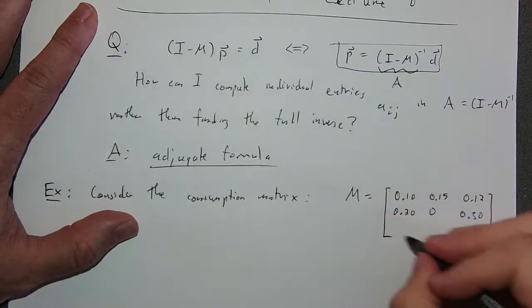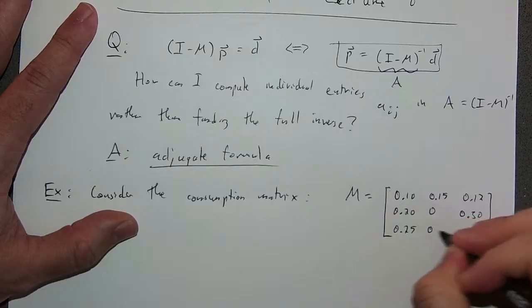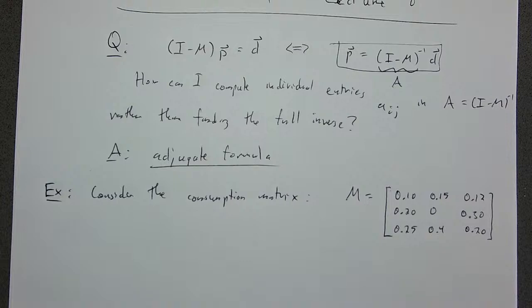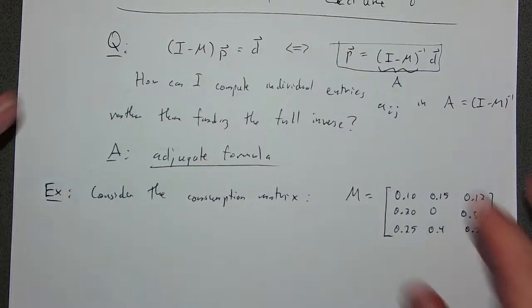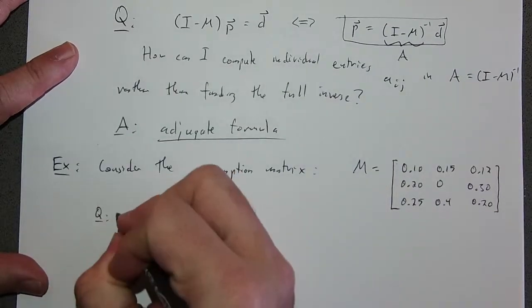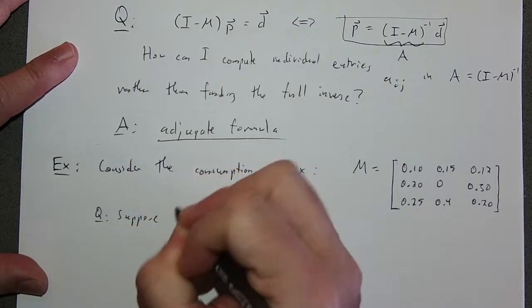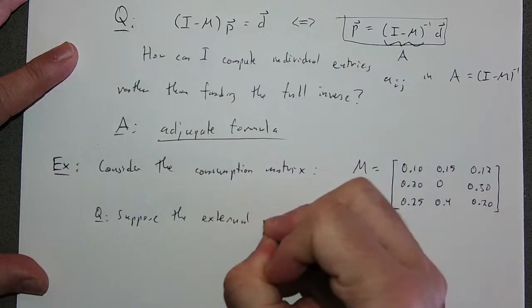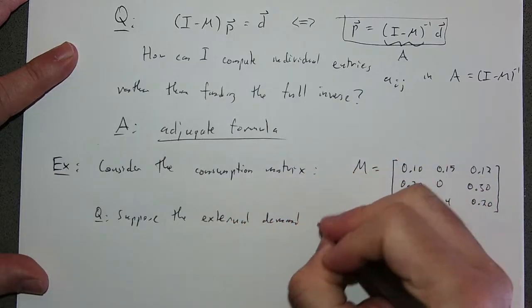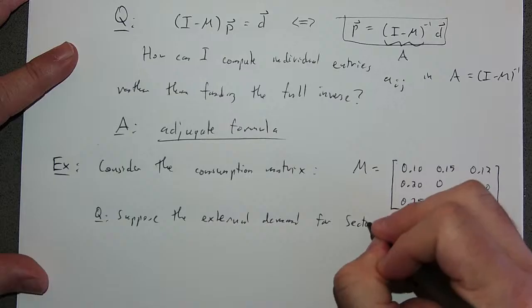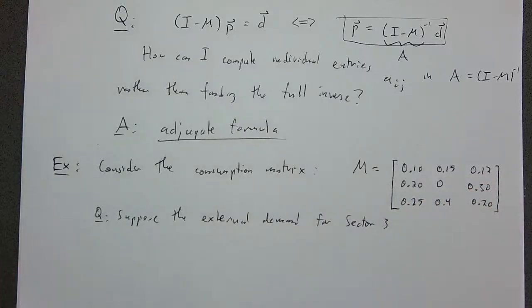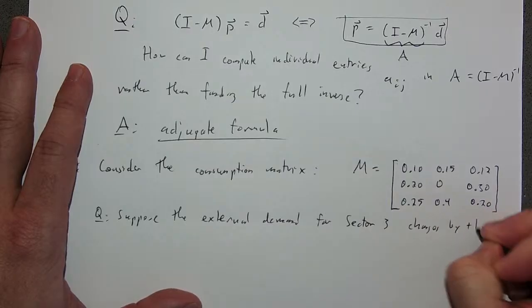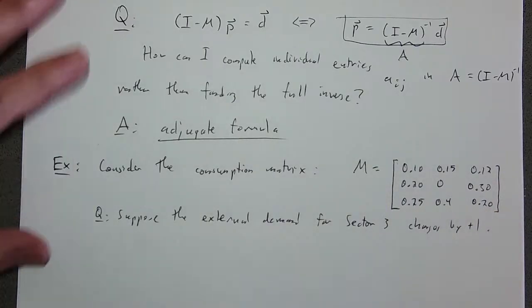We've seen this one before. 0.25, 0.4, and 0.20. There's our consumption matrix M. And let's ask the question. Suppose the external demand for sector 3, which means this is the external demand for product 3, changes by +1. How must production in sector 2 change?